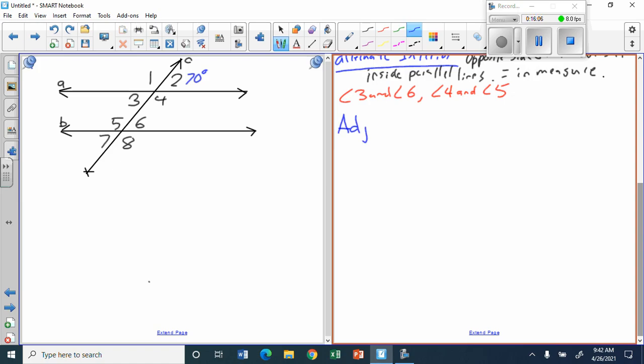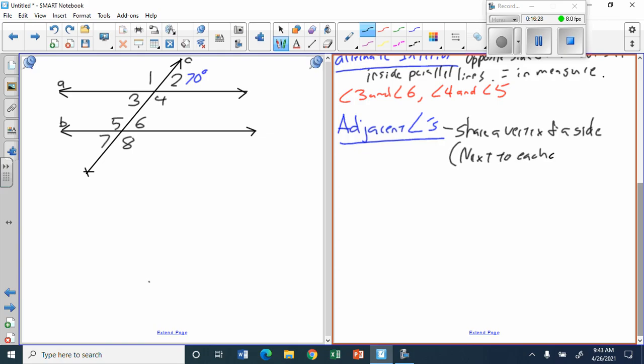Adjacent angles. Adjacent angles share a vertex and a side. Okay, these guys are next to each other. So when I looked at this, the angle 1, there are 2 angles that are adjacent to angle 1.